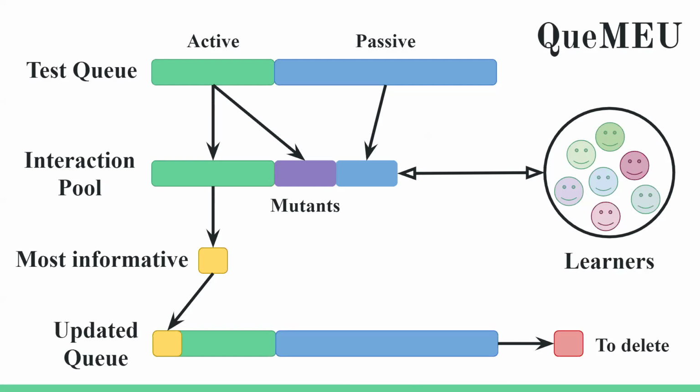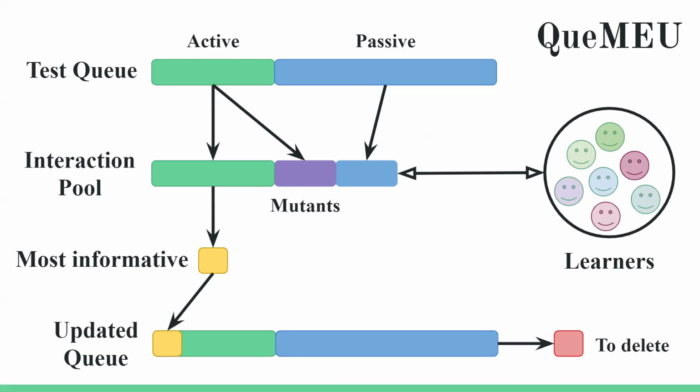And then we generate a set of mutants using the active portion of the Q. The intuition there is to get some stability by retaining some chance of getting information from the past, while still making progress in some direction of the learning process.